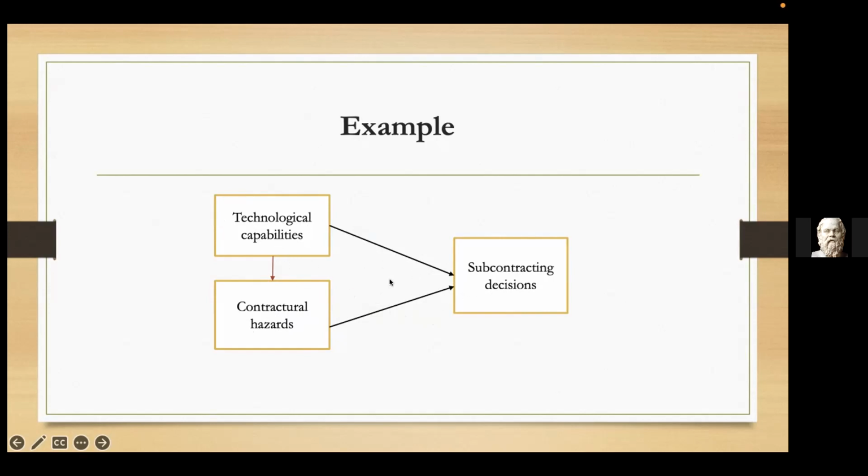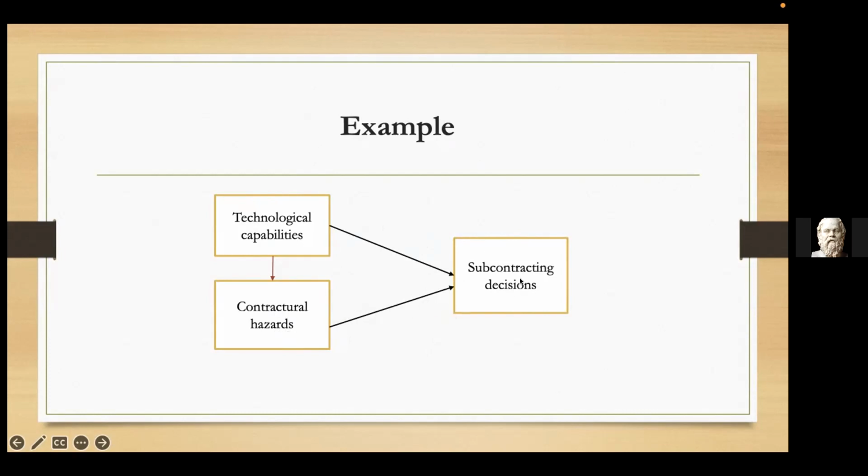When you look at this conceptual framework there, you'll see that if the study zeroed on one theory, let's say resource-based view theory, it will focus on only providing the explanation or correlating technological capabilities and subcontracting decisions. But then you miss out certain insights like the contractual hazards.